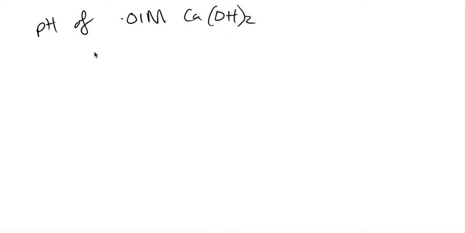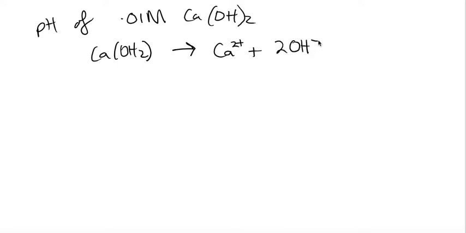Now, the first difference you'll notice is that for calcium hydroxide, when it dissociates, it goes to Ca2 plus and 2 OH minuses. And that being the case, the ratio is 1:2.